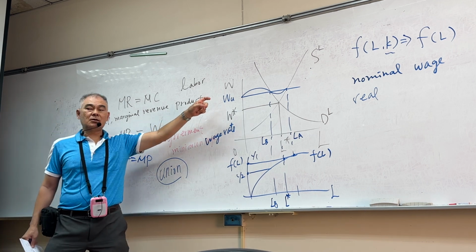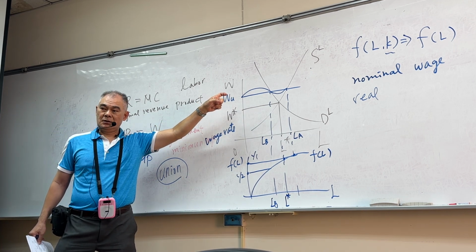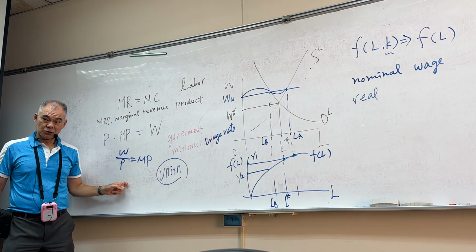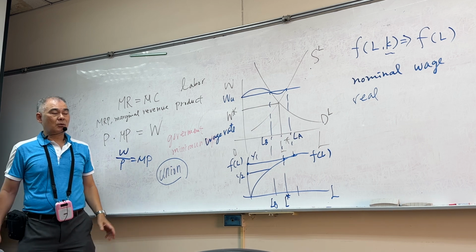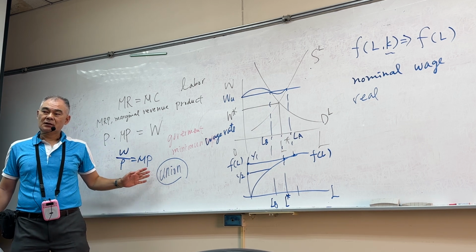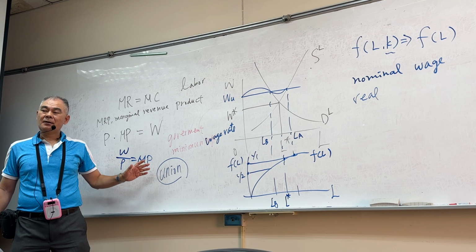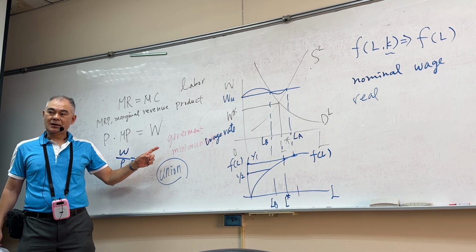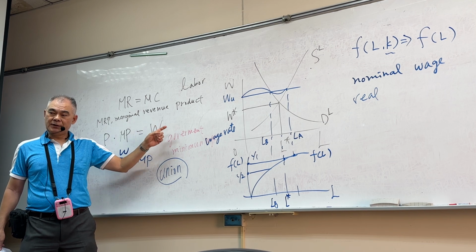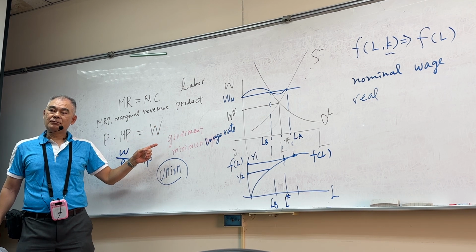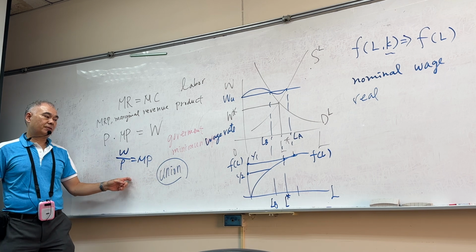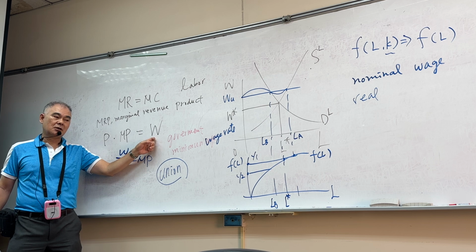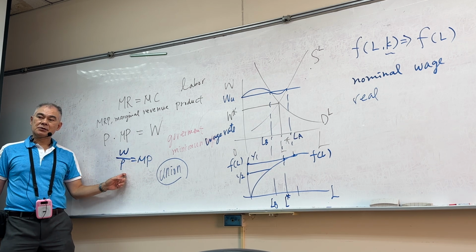So even though the nominal wage could be fixed and high, the real wage may change. So that's another argument against John Maynard Keynes. He said there's price rigidity, particularly for the wage rate, because of either the union or the government's minimum wage rate. But as a matter of fact, even though the nominal wage rate may not change, the real wage rate may change, okay?